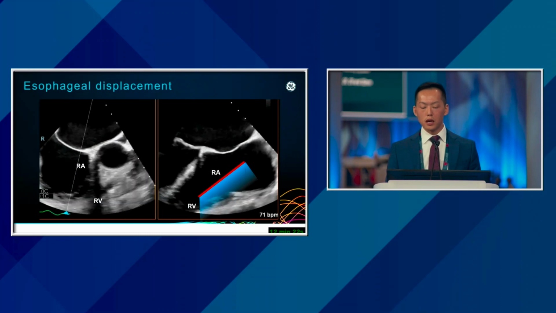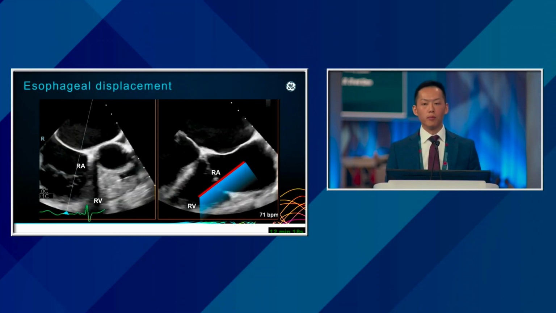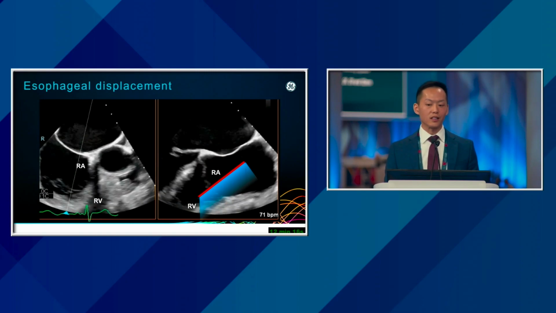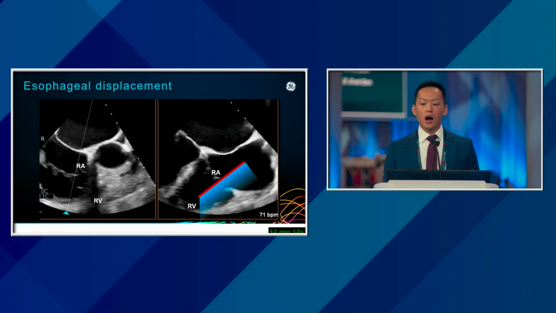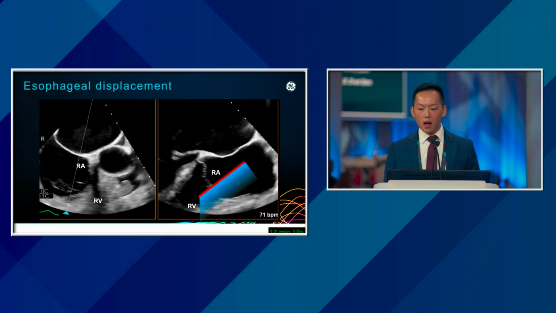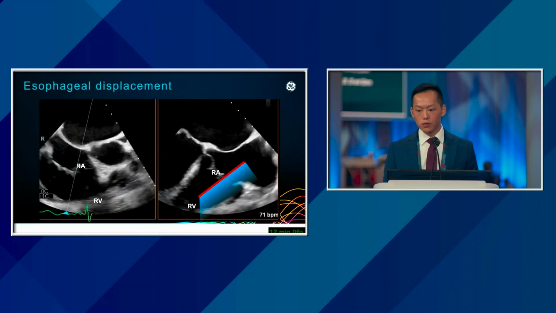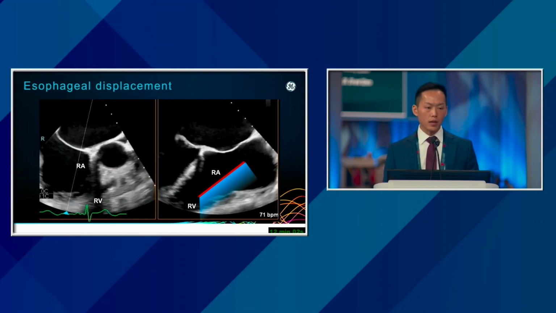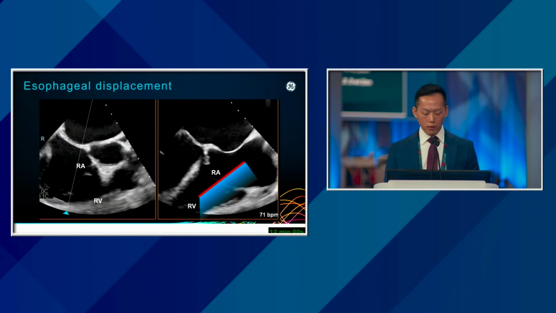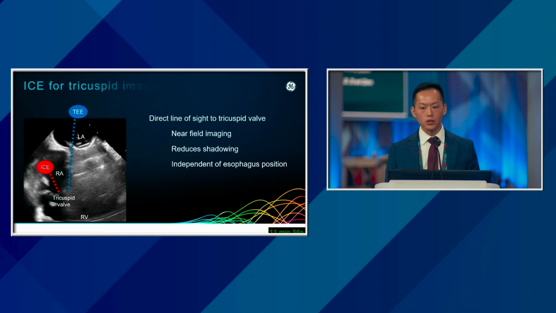Here on a TEE image, we see that the leaflets are actually very well visualized, but that's with the fact that there's nothing sitting in the right atrium and no device in place. On the right side of the screen, I've drawn a red line, which would be where a catheter may be sitting with a device for the leaflets, for example. And usually then we'll get a huge shadow that's really going to cover that lateral annulus and lateral side. So even though it looks great on resting images, during an intervention it can be very, very challenging.